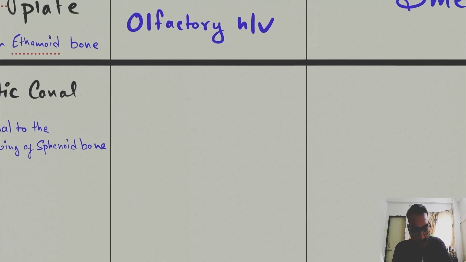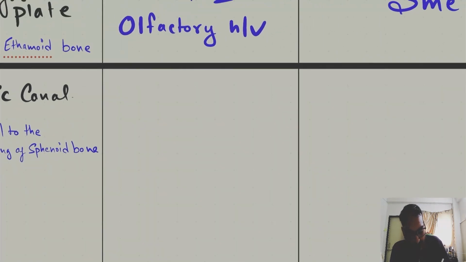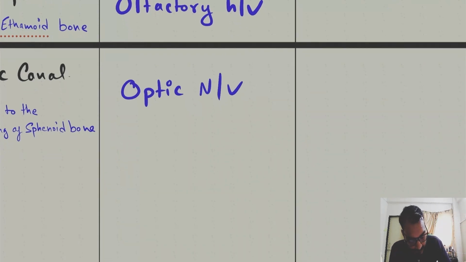Which structure is passing through it, guys? The structures which are passing through are optic nerve and ophthalmic artery.